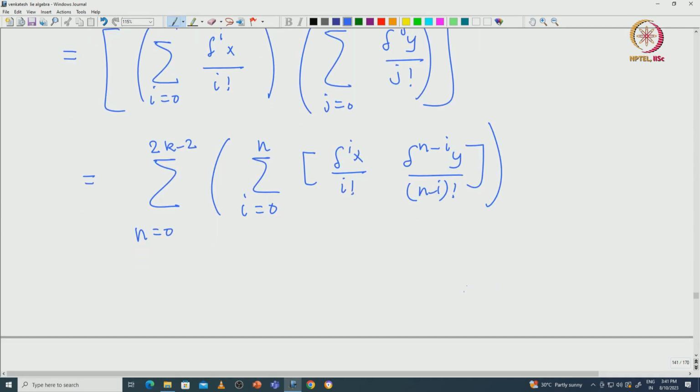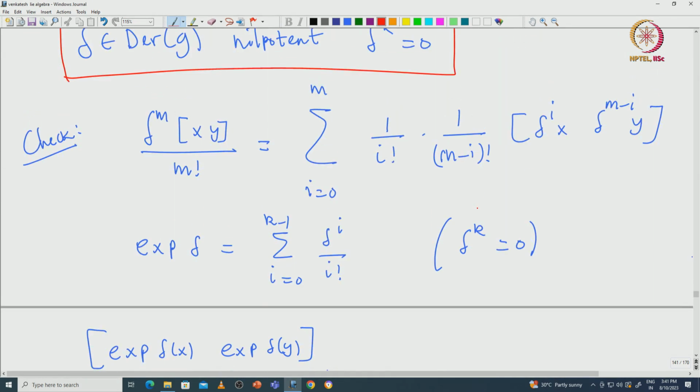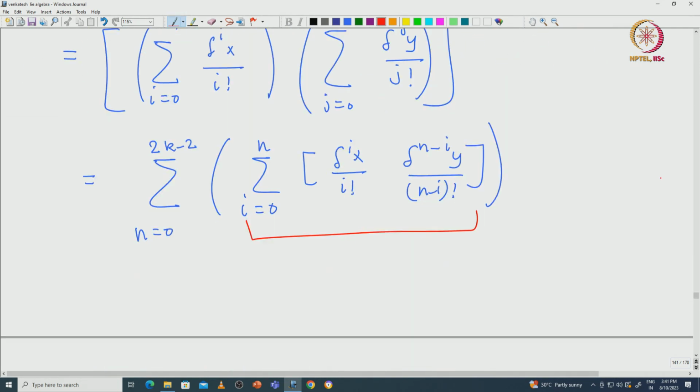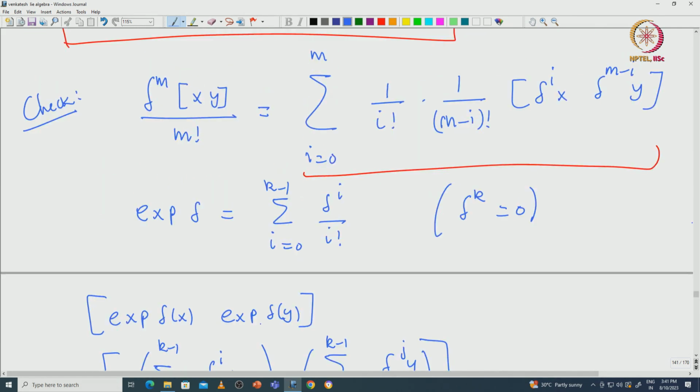Now if you use the Leibniz rule, you can replace this by the following summation, n equal to 0 to 2k minus 2, of delta n of the bracket x y divided by n factorial, because that is what is on the left side.